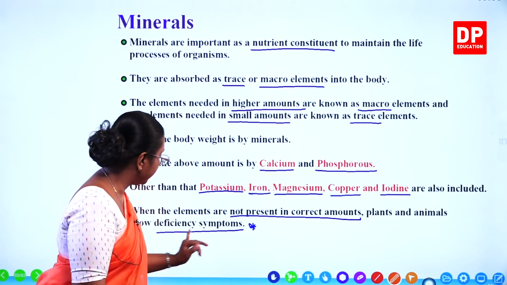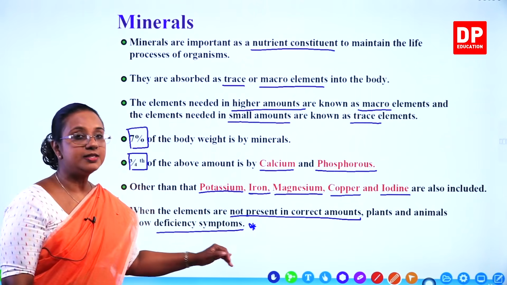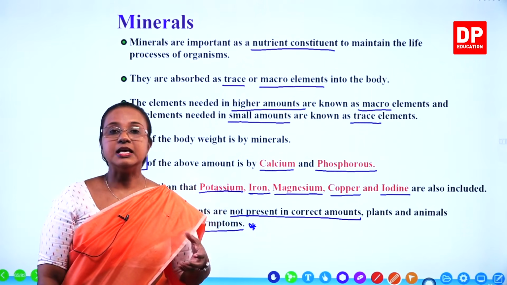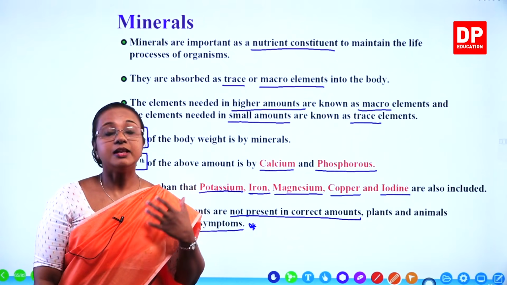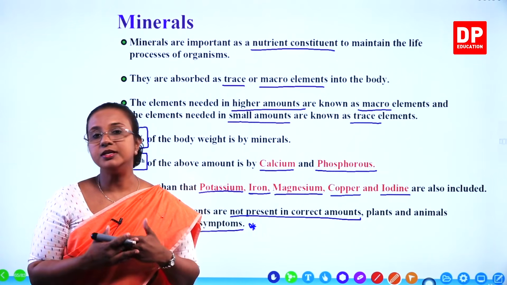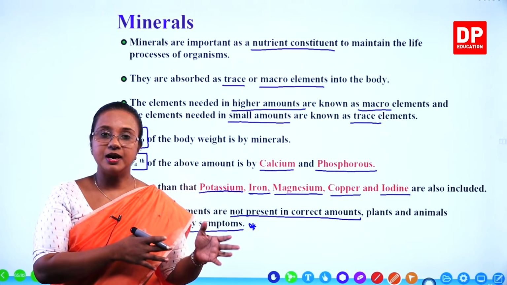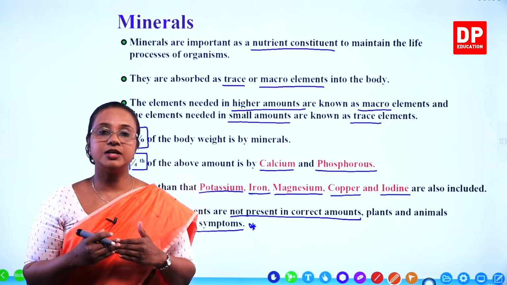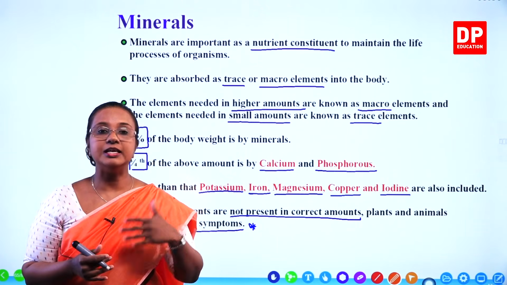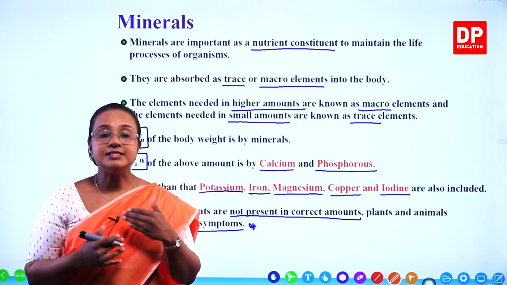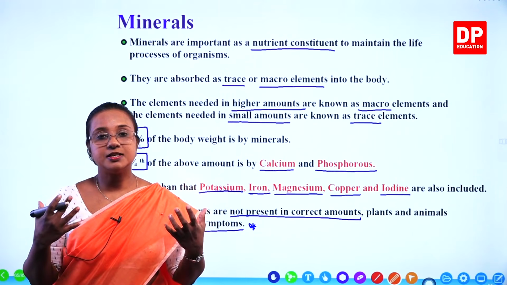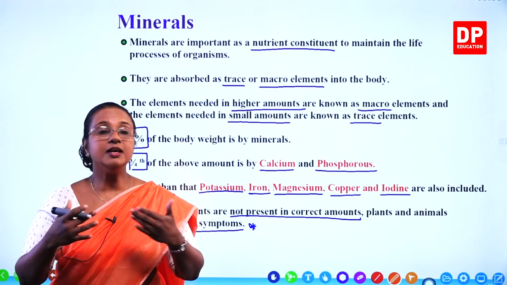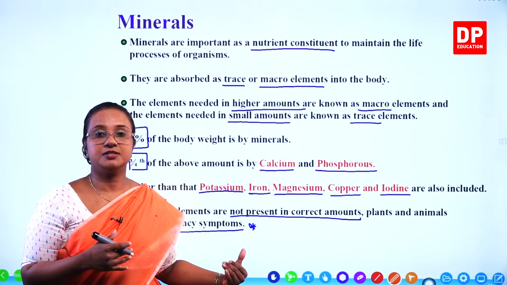So here we need to understand these two words. Deficiency means it's not there in the required amount. The amount does not matter. It can be a high amount or a small amount, but if the required amount is not there, then we call it deficient. And symptoms are the features that you can see due to this deficiency.